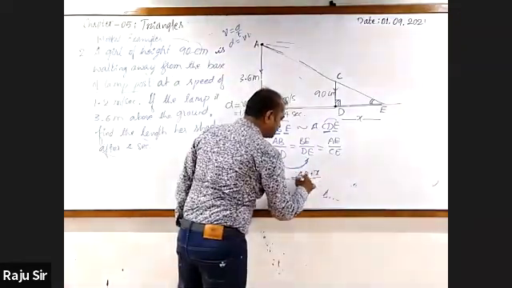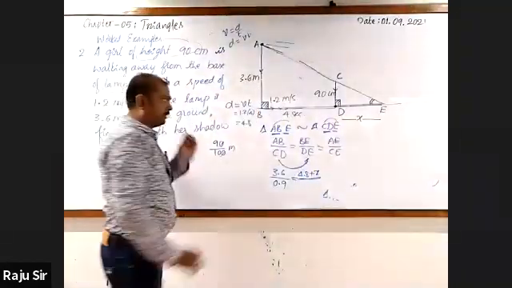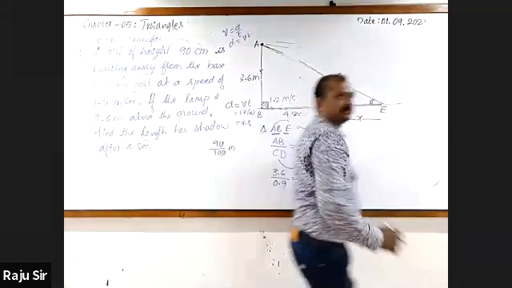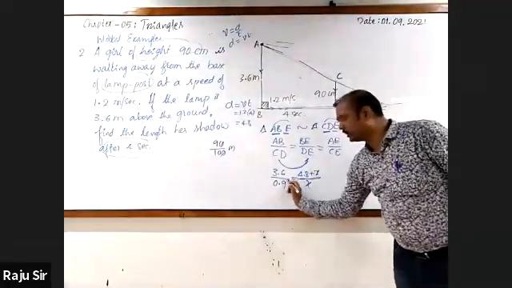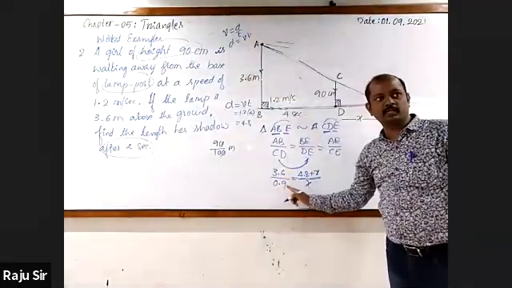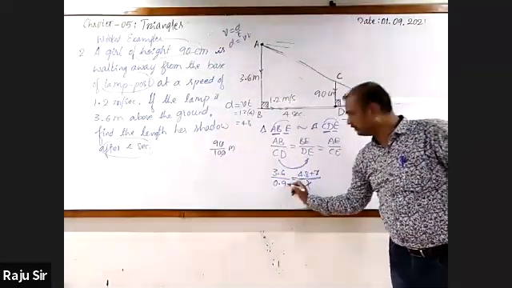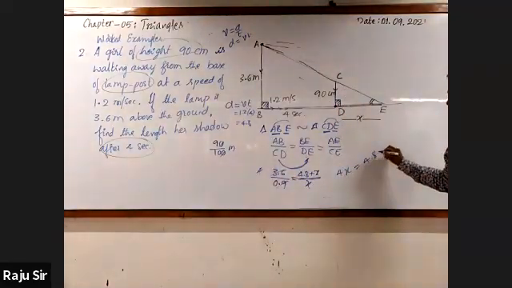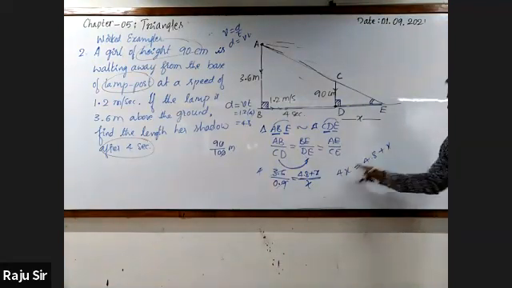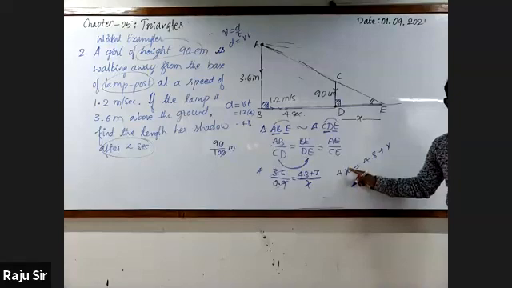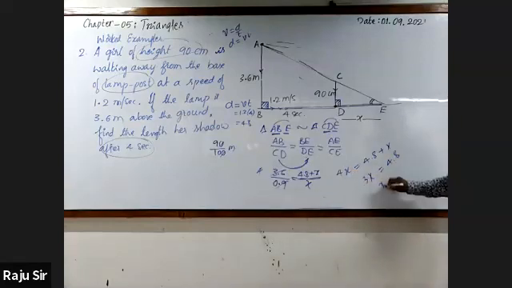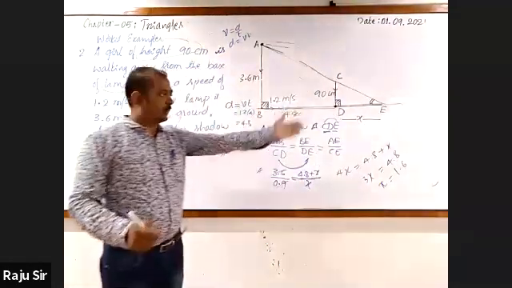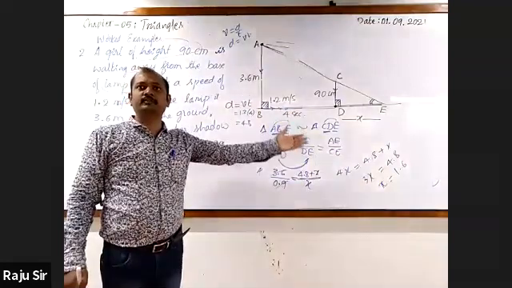So 4.8 plus X divided by X. After decimal 1 digit, 1 digit, it can be written as 36 by 9. 1s are 4s are 4 into X. 4x equal to 4.8 plus X. Transfer X to the left hand side: 4x minus X, 3x equal to 4.8. X equal to 1.6. 1.6 meter. That is the length of the shadow of the girl.